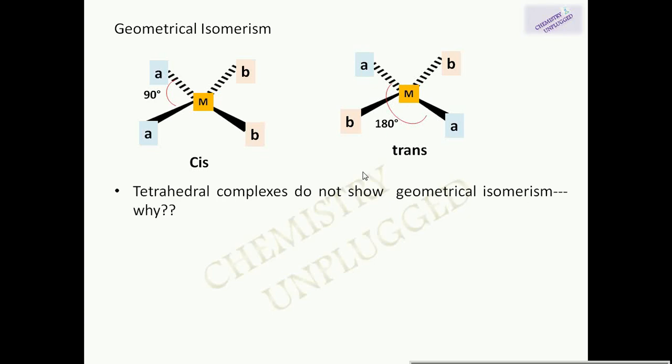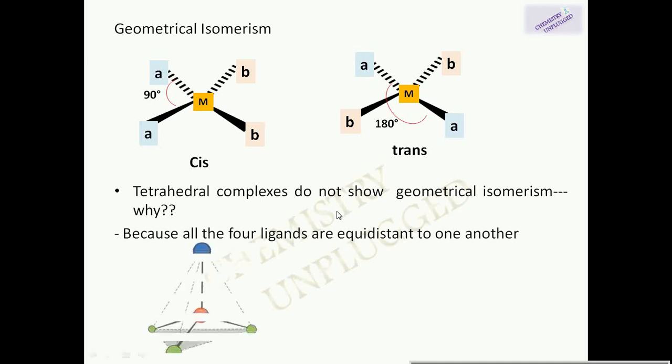Coordination compounds having square planar geometry show geometrical isomerism, but tetrahedral complexes do not show geometrical isomerism. Why? Because all the four ligands are equidistant to one another, meaning the distance between two ligands is the same. For example, this is the tetrahedral geometry and this ligand is of a different type, and we place it at the top of the tetrahedral complex.